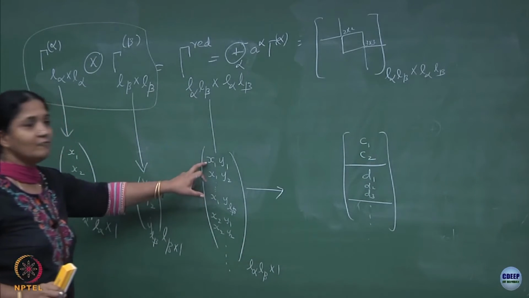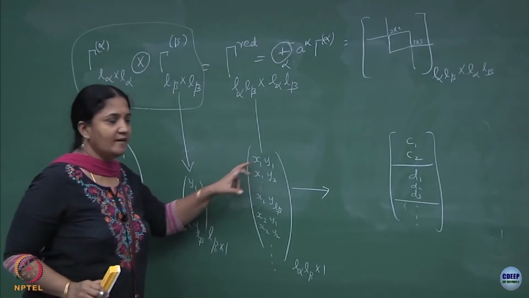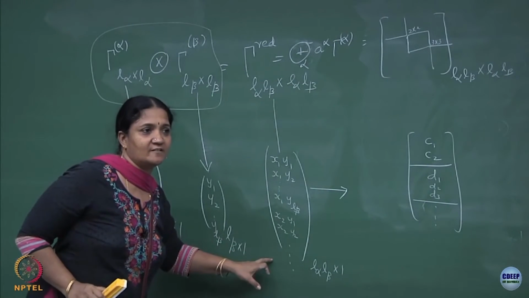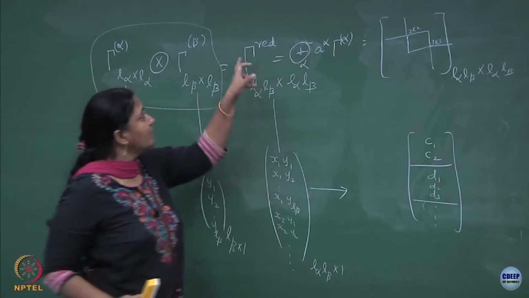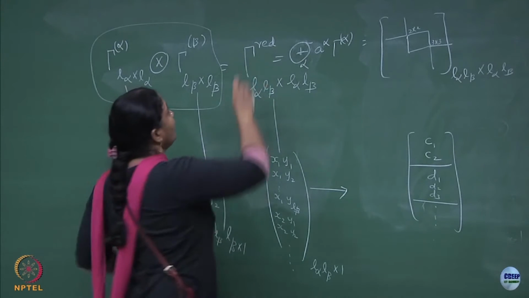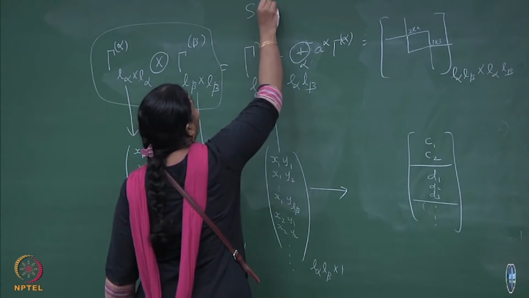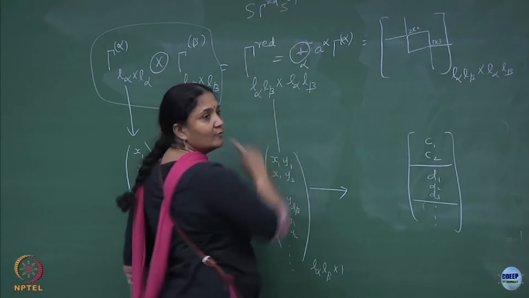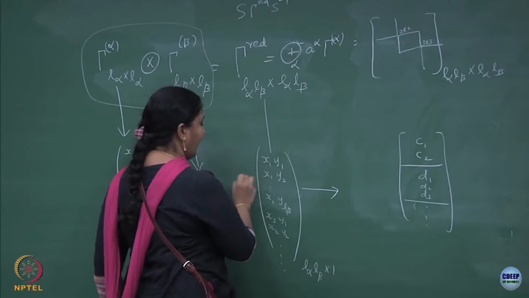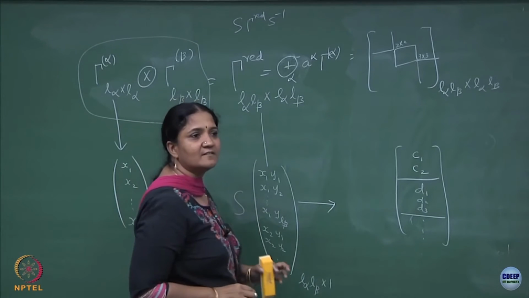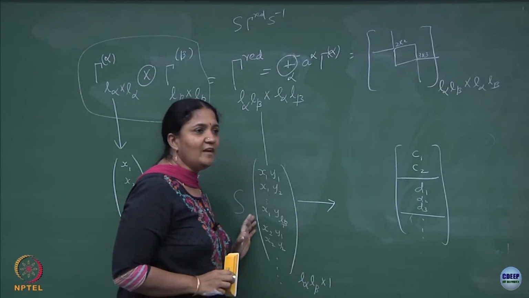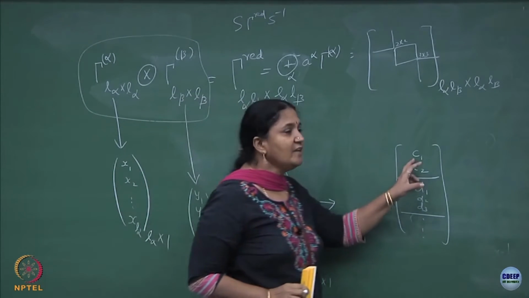C1 will involve, it is an S matrix acting on this, because the diagonalization is done by S. Okay. So, which means S, when it acts on this, what will it do? It will give you some linear combination.